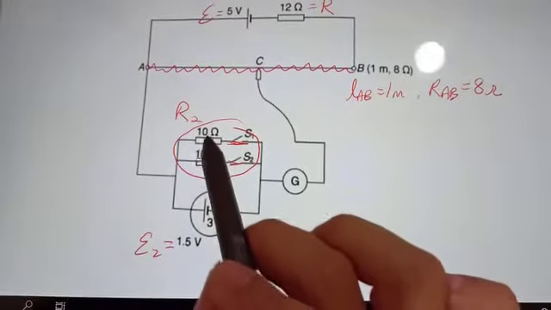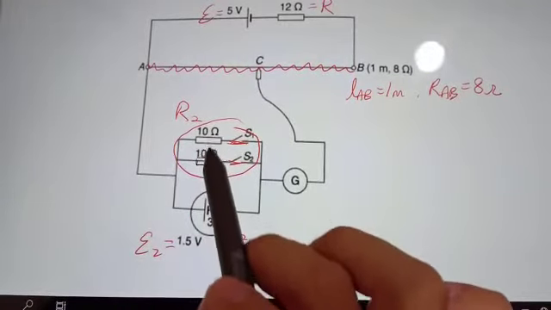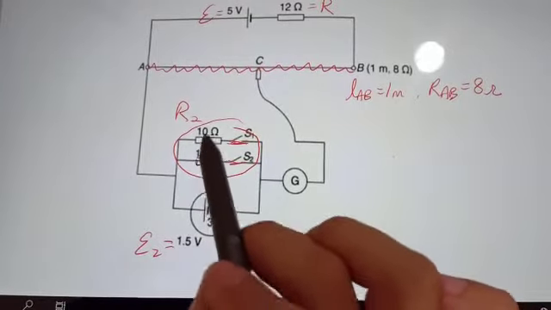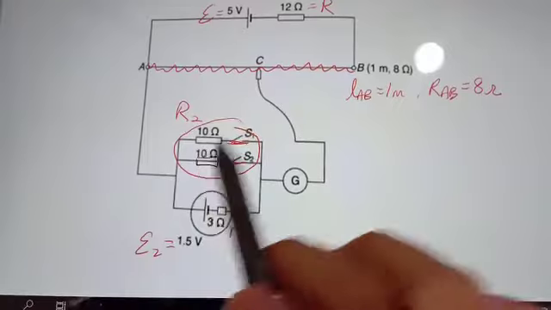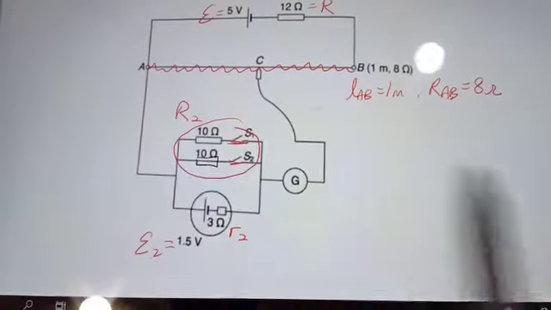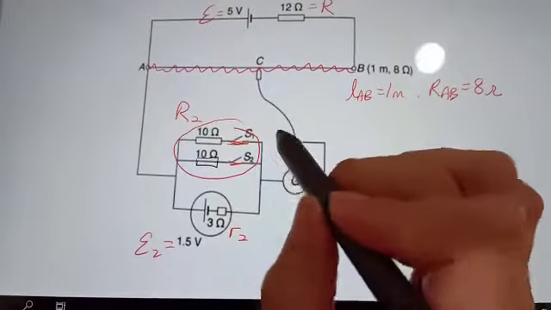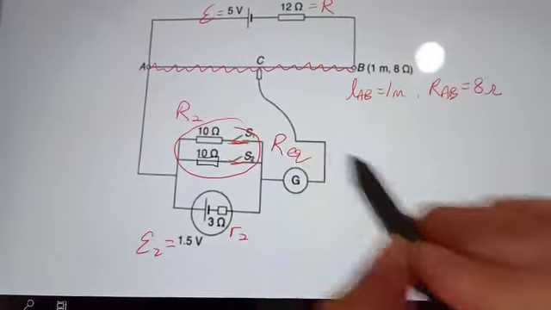There are two 10 ohm resistors in parallel, and then find the balance length AC. So you need to find the equivalent resistance.